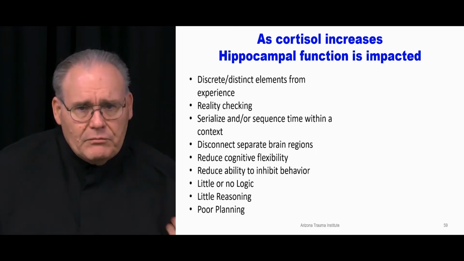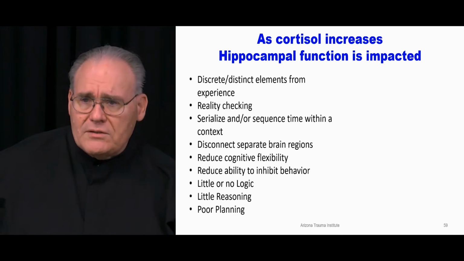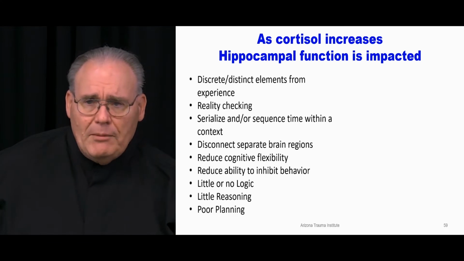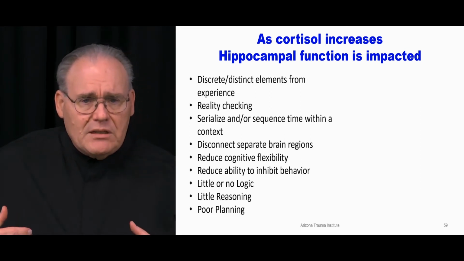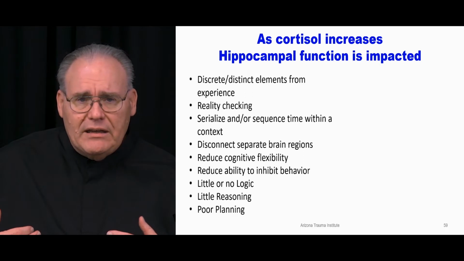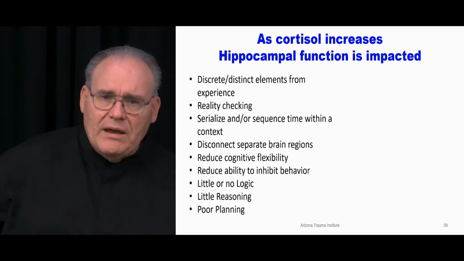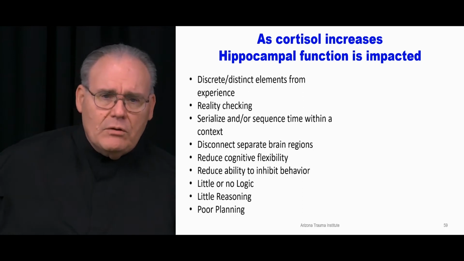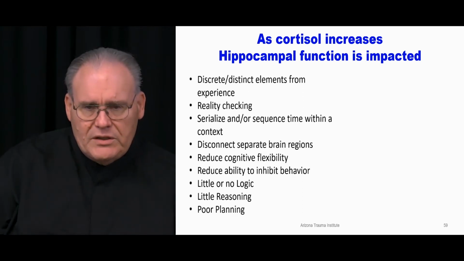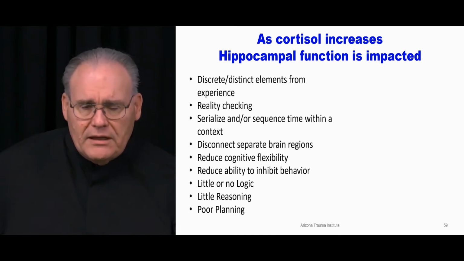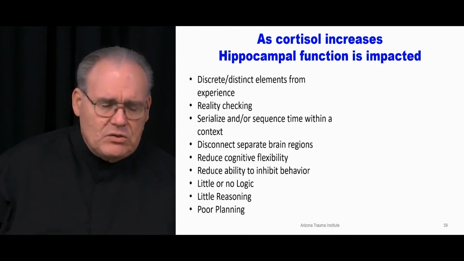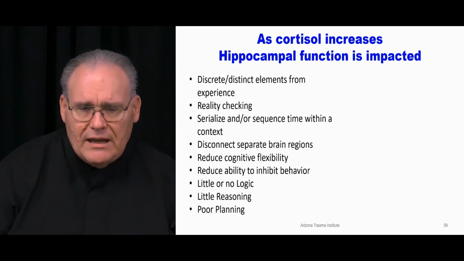You have difficulty in reality checking if your cortisol levels are high. Well, what's the problem with that? You can't be adequately self-reflective and self-evaluating if you can't reality check. What's it going to impact in your school and learning process if you can't create sequential memory or serialized learning? Everything in education is set up in sequence or serialized.